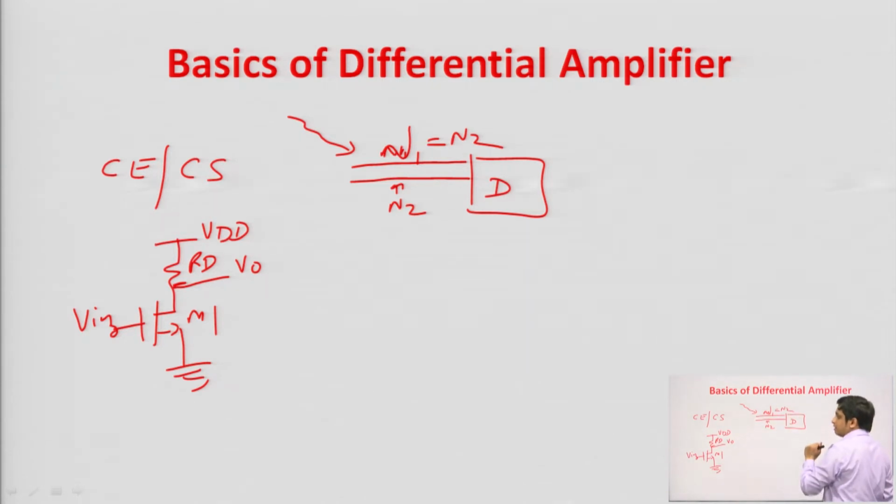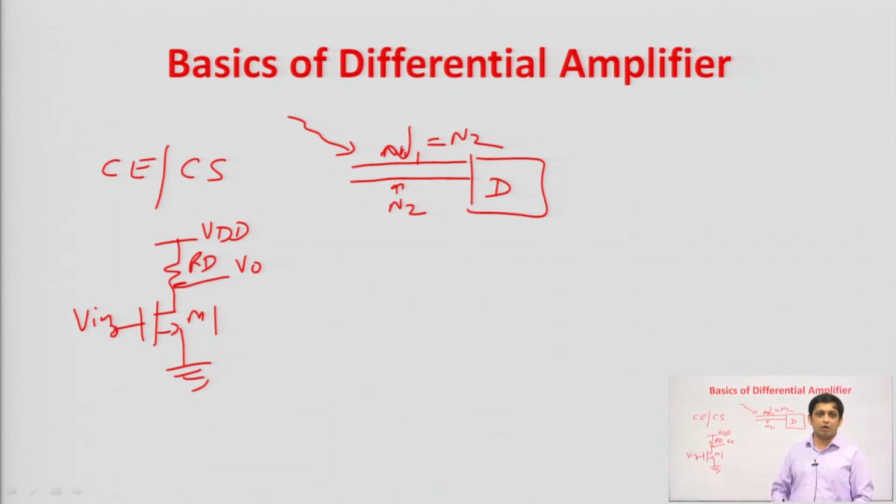So, the point is that if the noise is added, then that noise will not get amplified, that noise will not propagate to the further stages. So, the first advantage of differential amplifier is that it reduces the effect of noise. Why? Because it senses the difference between two signals, and if any undesired signal, any noise or interference signal is added, then it will just cancel out that interfering signal at the input itself.